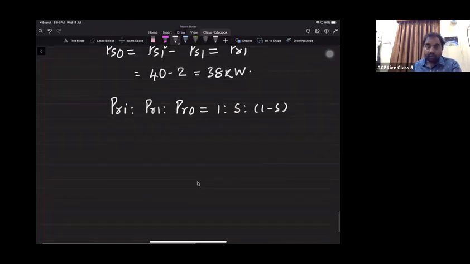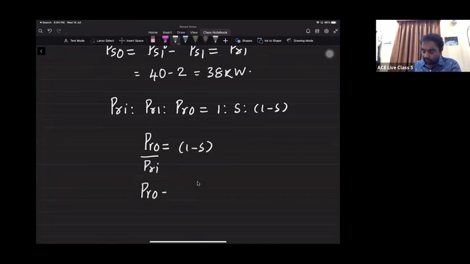So you can calculate rotor losses, or without rotor losses, you can calculate rotor output directly. Rotor output by rotor input is equal to 1 minus s. So the rotor output is equal to rotor input into (1 minus s).